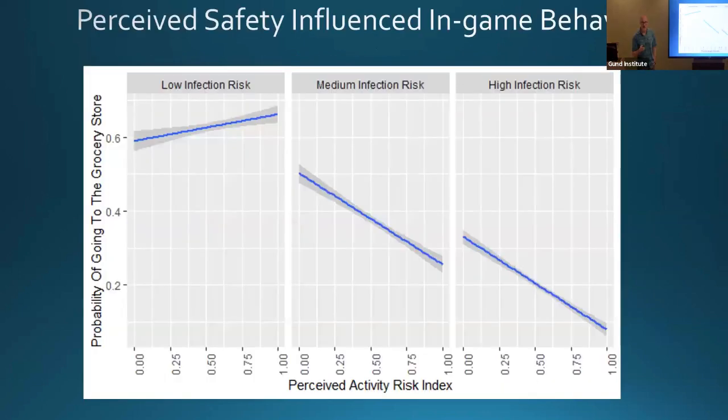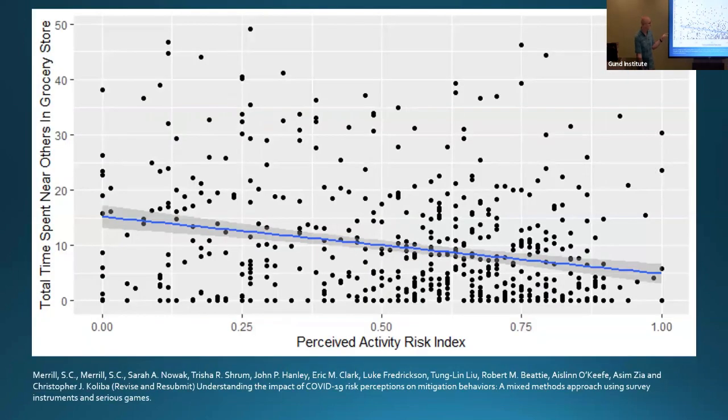Kind of crazy because that perceived safety, that index of questions, influenced their behavior in the virtual world. So their willingness to go to the store changed based on that perception of how dangerous it was to get COVID. And this is in the virtual world. It's crazy to me to think that.